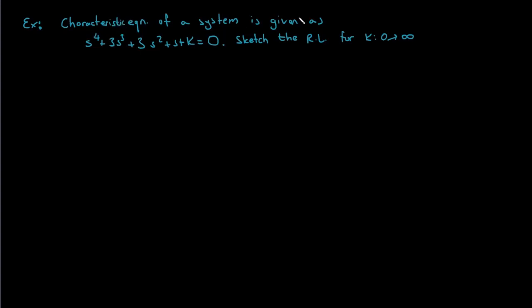So we have the characteristic equation as s to the power 4 plus 3s cubed plus 3s squared plus s plus k equals 0. And we would like to sketch the root locus as k goes from 0 to infinity.